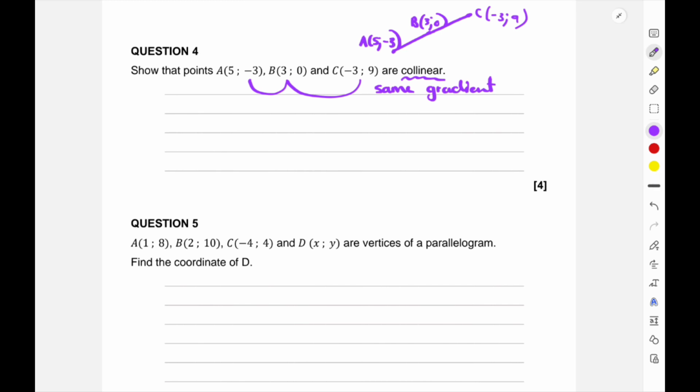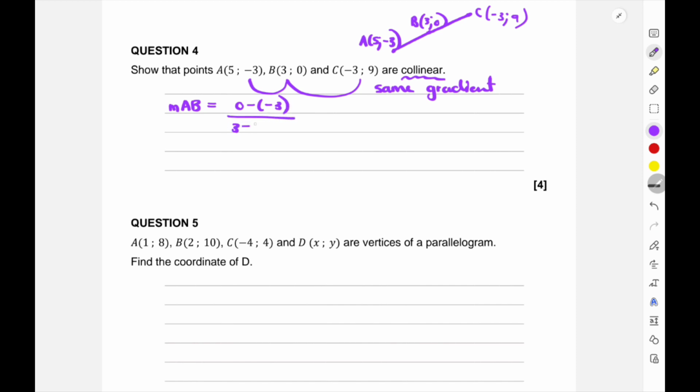So show that these points are collinear. I'm going to work out the gradient of AB, which is change of y over change of x, which gives you 3 over 3 minus 5, which is negative 2.